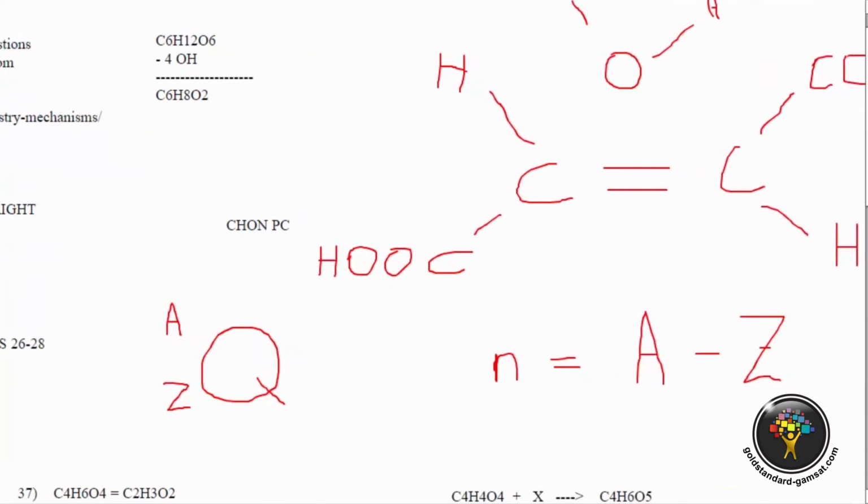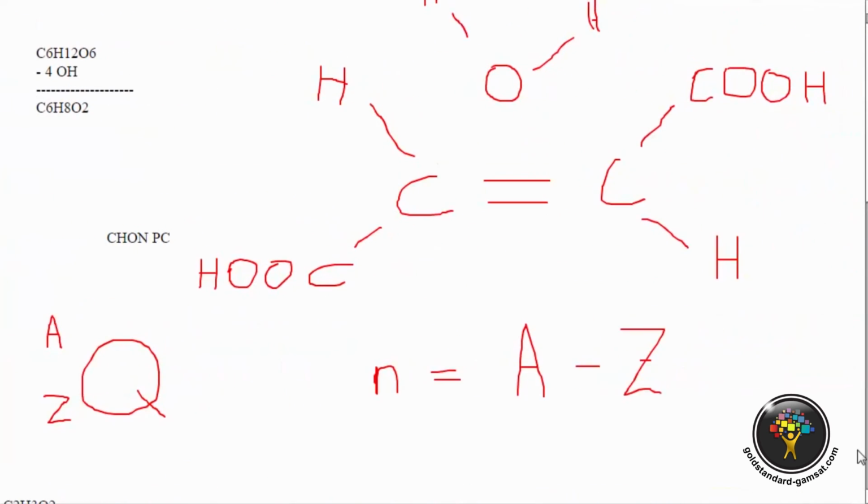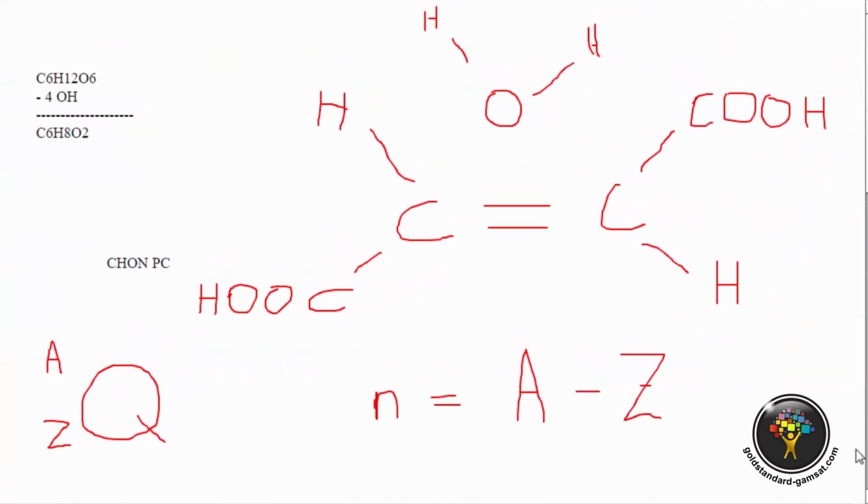Okay. And just trying to remember, we removed 4 ligands, which are substituents or groups attached. We removed 4 OH ligands. So that means we must add 4 ligands to replace those positions.